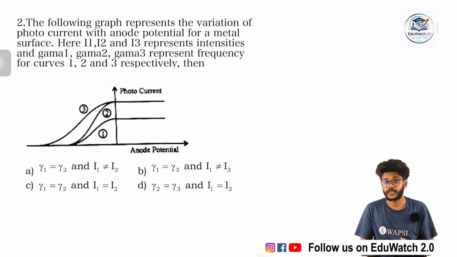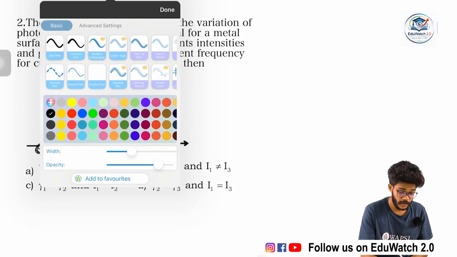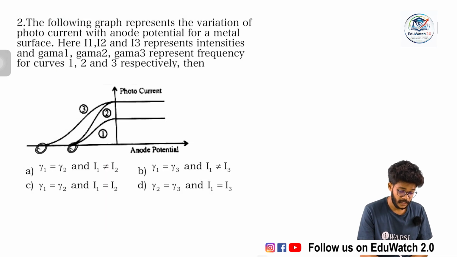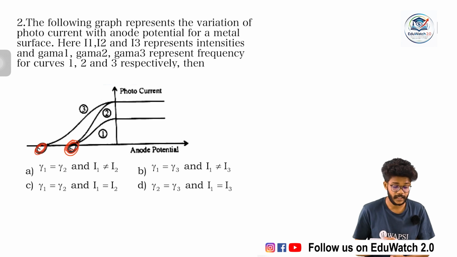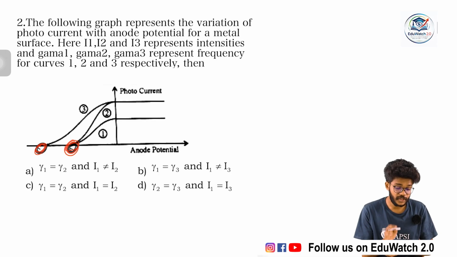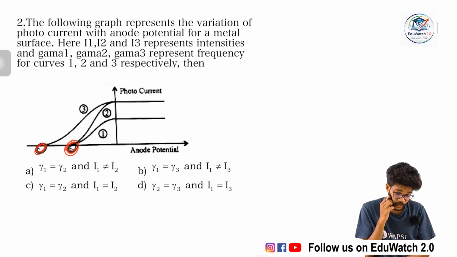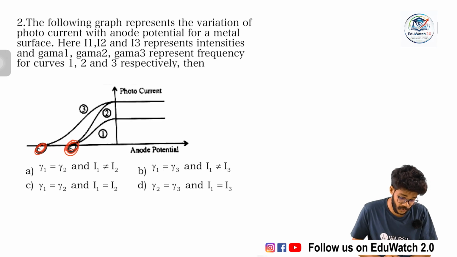Here we can see two stopping potentials. This is the first stopping potential and this is the second stopping potential, and from the graph we can say that the stopping potentials of the first one and the second one are same. So I1, I2, I3 are intensities and gammas are frequencies.